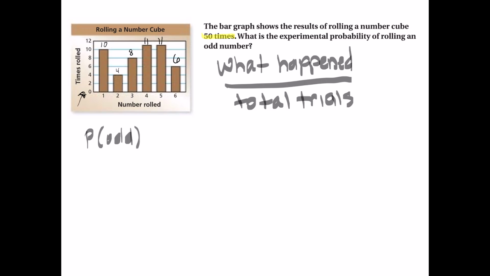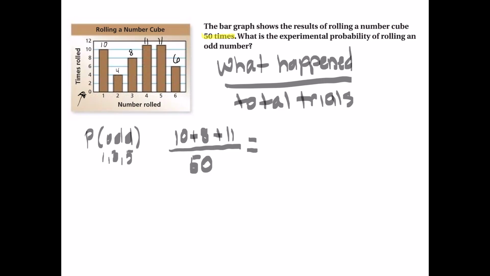And so remember, odd numbers would include 1, 3, and 5. So if I'm looking at 1 occurred 10 times, 3 occurred 8 times, and 5 occurred 11 times, I would need to total those up to find out how many times that happened. And I would be comparing that to the 50 times that we actually rolled the die.